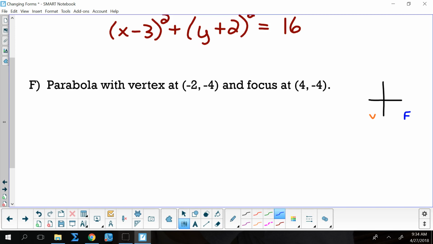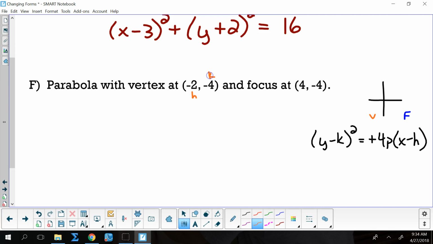Right-opening parabolas have the form y minus k, quantity squared, equals positive 4p times x minus h. Correct? Do I know what h is? It's -2. Do I know what k is? -4.